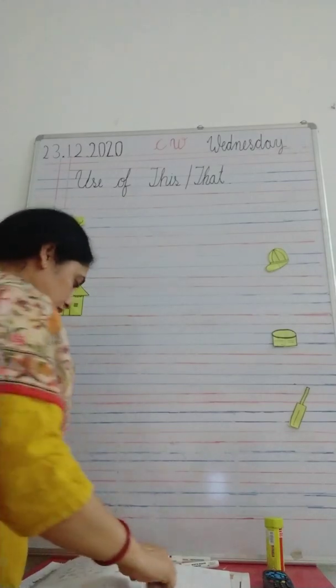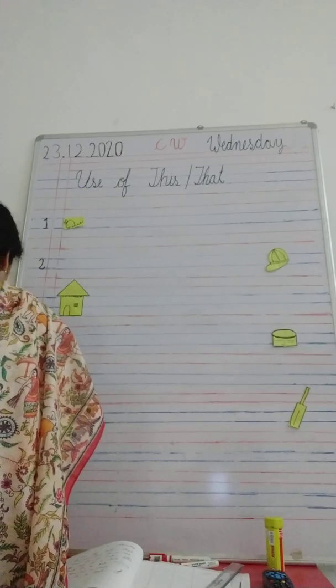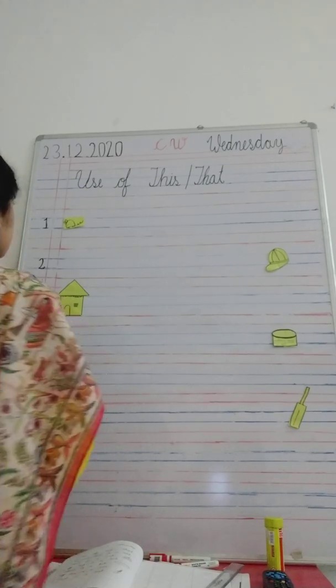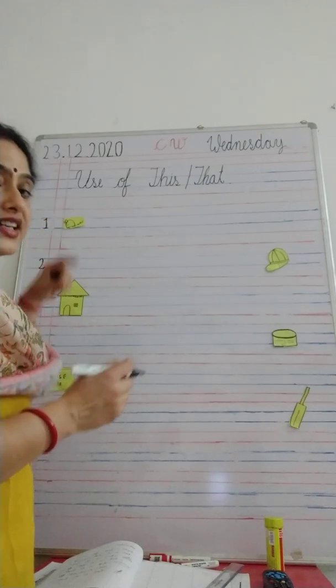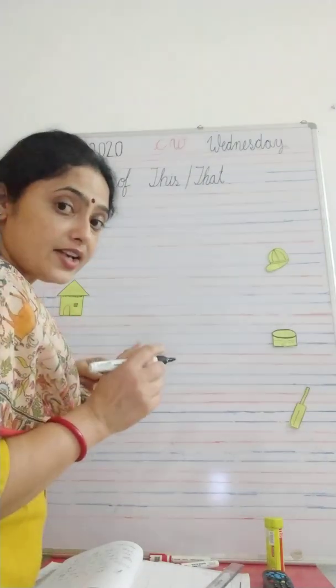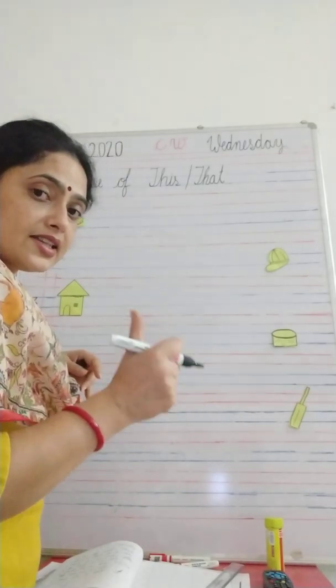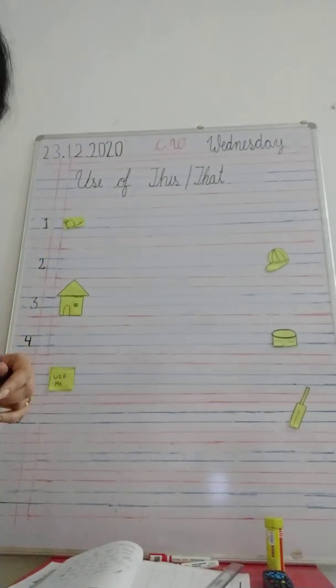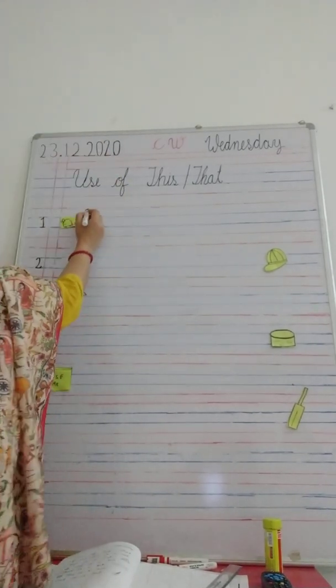Okay, so now tell me, where is this rat? This is a rat. This rat is near to me, so I will write this is a rat. What will I write? This is a rat. Okay, so read it with me.